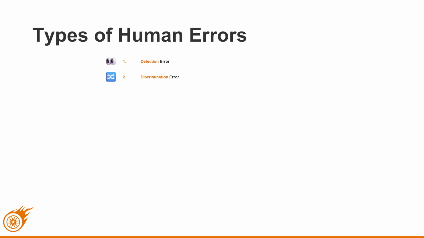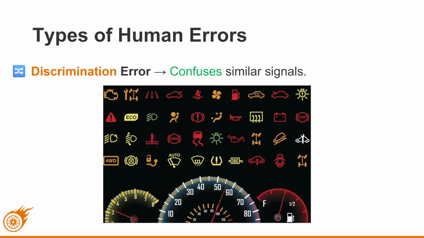The second type of error is a discrimination error, which is essentially when the driver confuses similar signals. An example would be if for some reason the driver mistakes the oil pressure light for a check engine light.